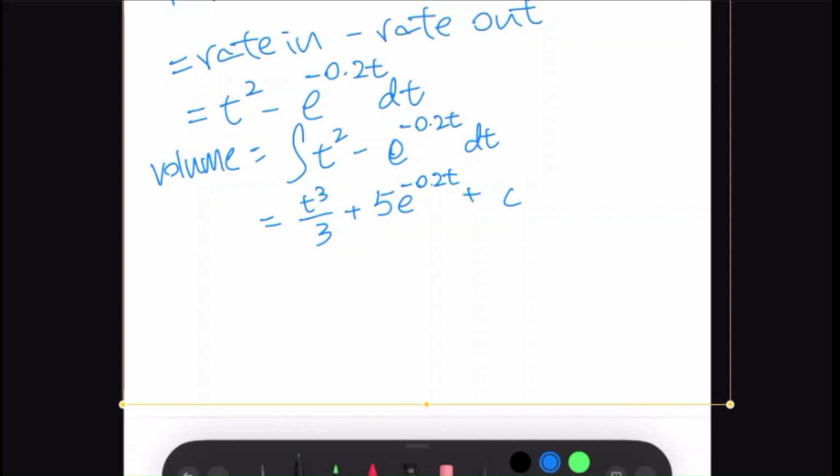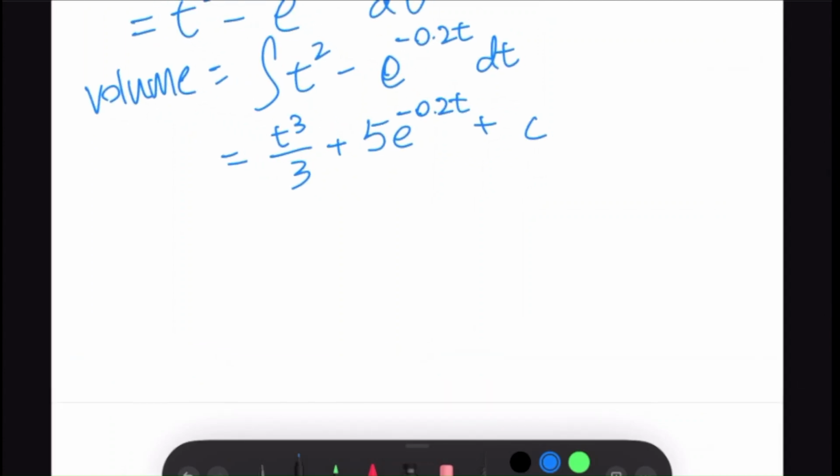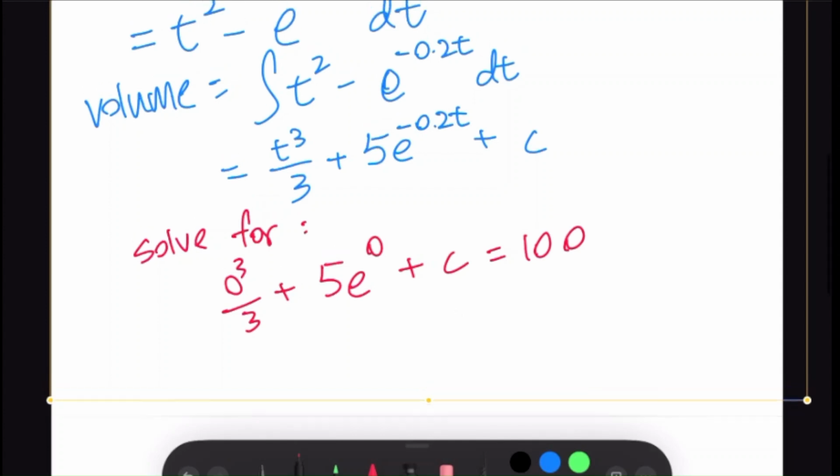Yeah, exactly. That's a mistake a lot of people make. Yep, 100 when t is equal to 0. So we then actually solve for 0 cubed over 3 plus 5e to the 0 plus c equals 100. Why is 5 in front of e?